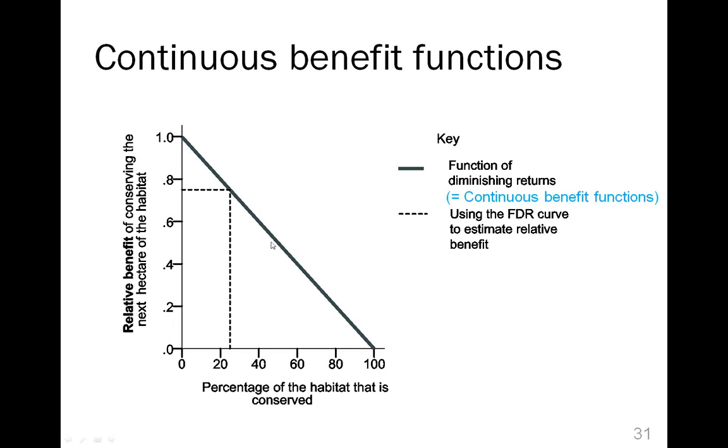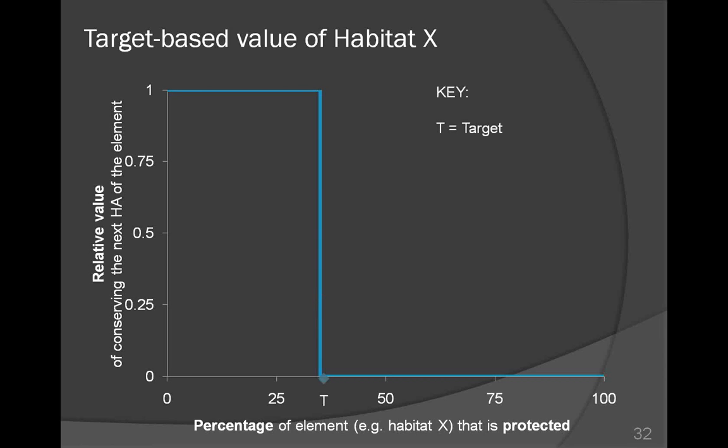Now, you can imagine that the science behind this approach is really in drawing the shape of this continuous benefit function. In contrast, I should have put this in the same format, but this is the old way, the target-based approach, where you identify a target.